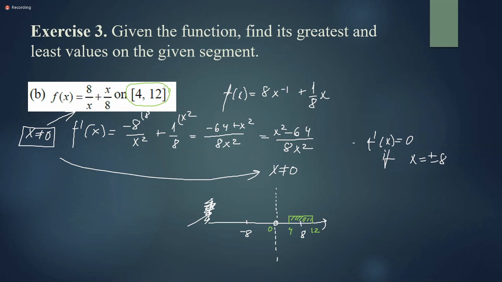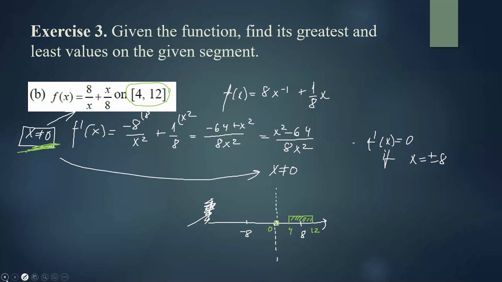Finding the greatest and least values is only possible if the function is continuous on that segment. Yes, there is a discontinuity, but outside the segment. The domain does not contain the number 0. Fortunately, it is outside our segment. Otherwise, we would have trouble.